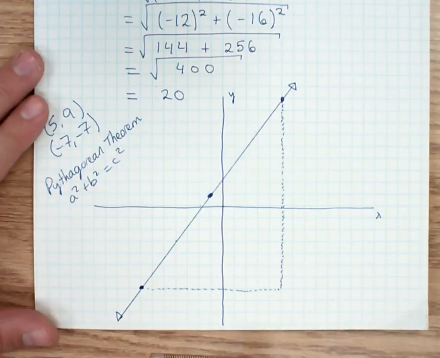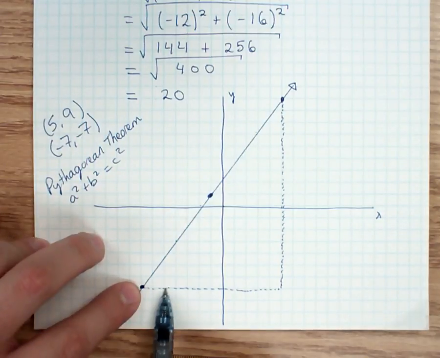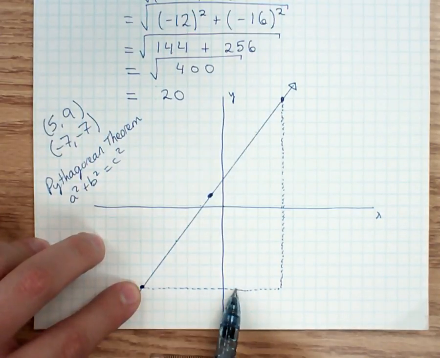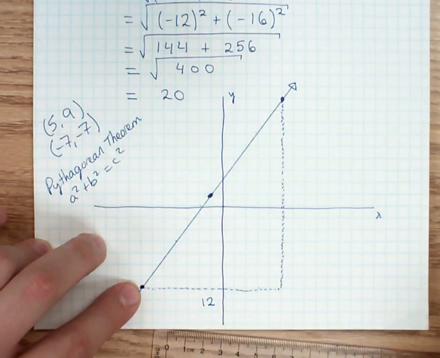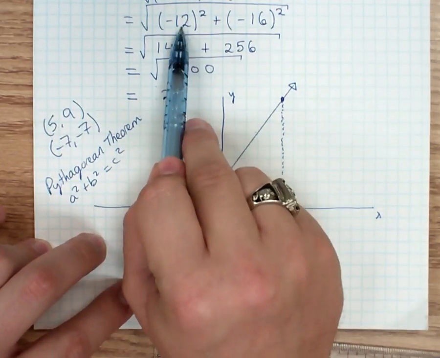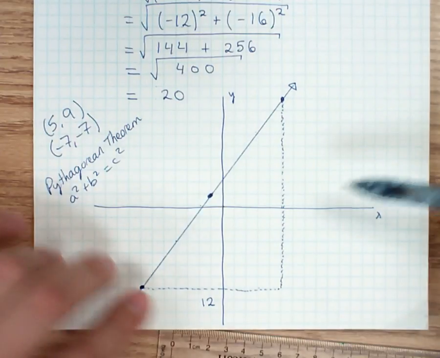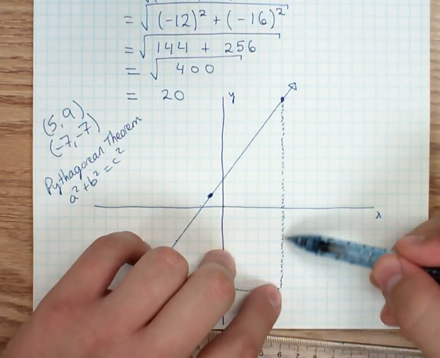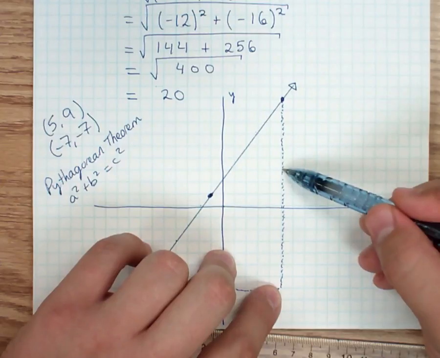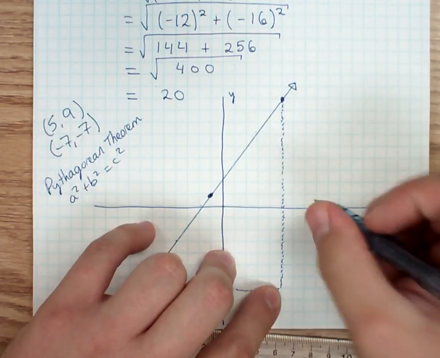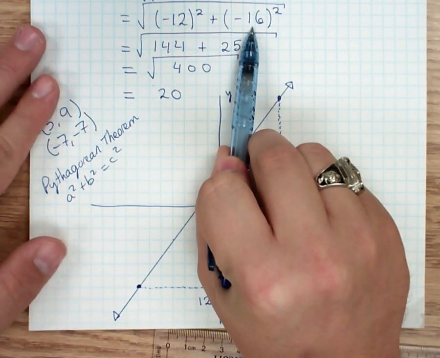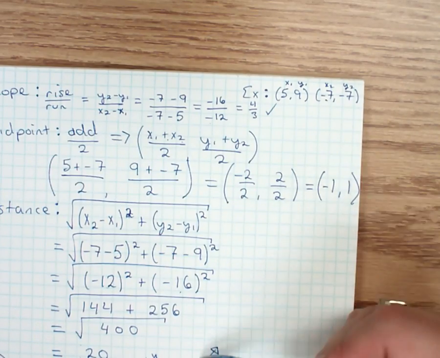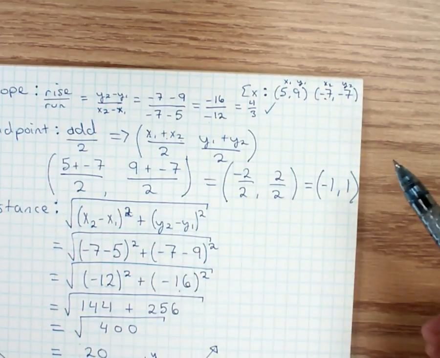So if I look at the lengths of these, I have 2, 4, 6, 8, 10, 12. So that's a length of 12. See where that number comes from right there? And 2, 4, 6, 8, 10, 12, 14, 16. So those numbers are going to show up. And it's because distance formula is just an application of Pythagorean theorem.